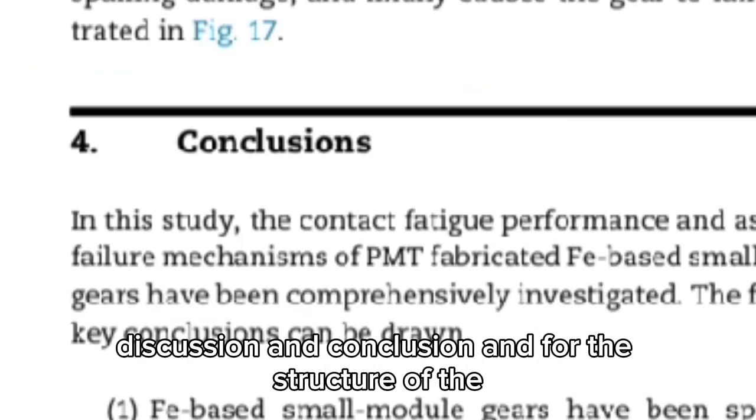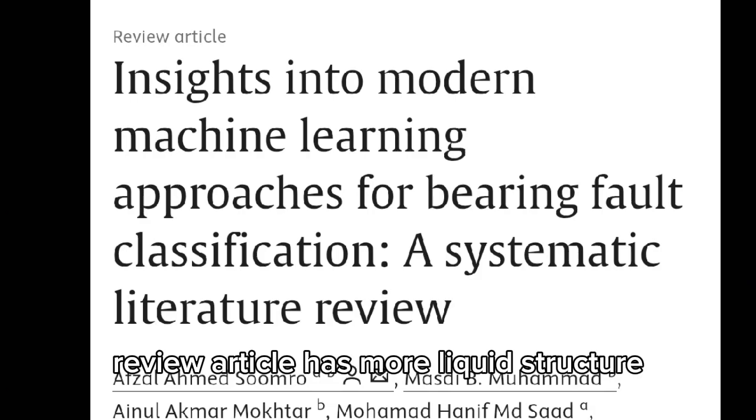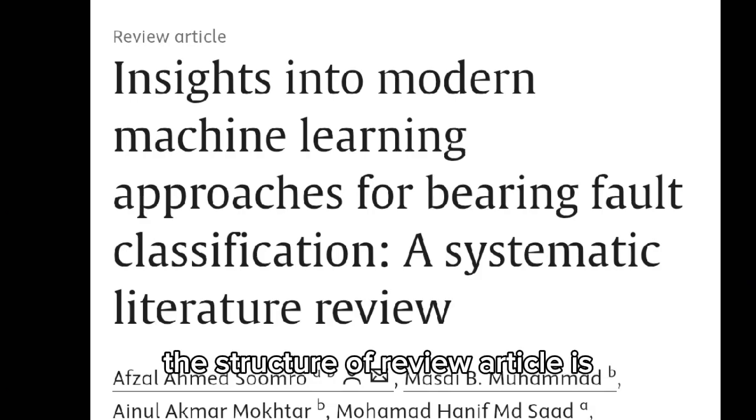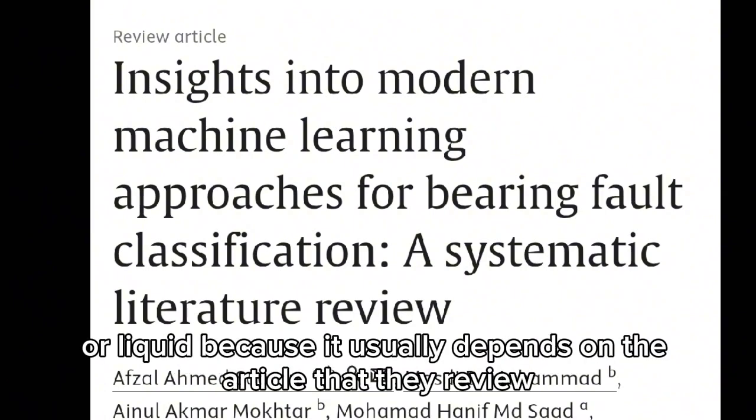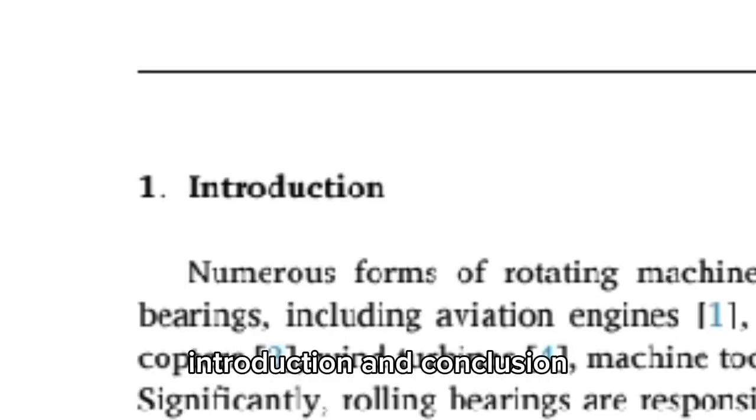And the structure of a review article is more fluid, because it usually depends on the articles that they review, but they have some common structure like abstract, introduction, and conclusion.